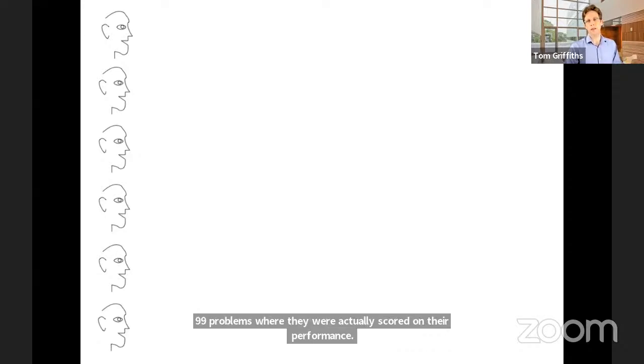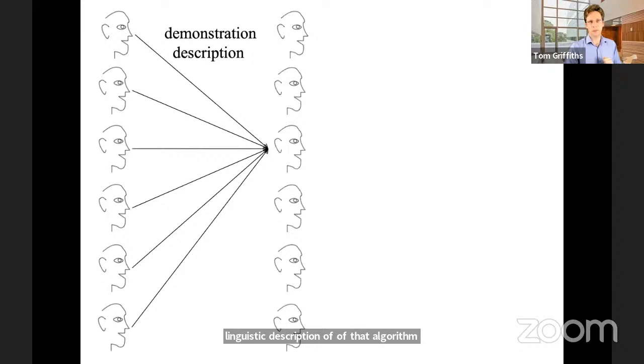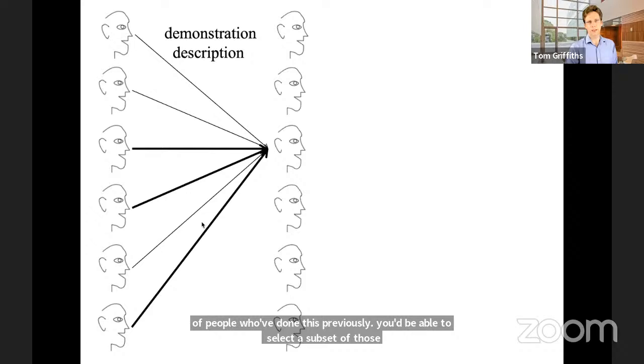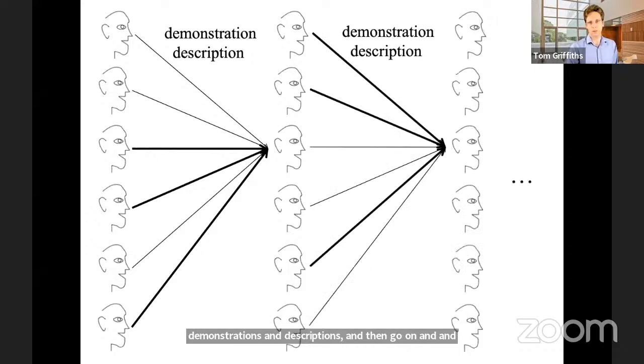At the end, they do a demonstration of the algorithm that they figured out and write a linguistic description of that algorithm. Then that information is transmitted to the next generation, where an individual would see a bunch of people who'd done this previously. You'd select a subset of those people to learn from, get their demonstrations and descriptions, go on and do your own solutions, and then produce your own demonstrations and descriptions, and so on.